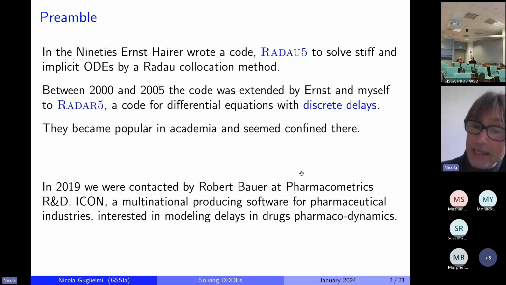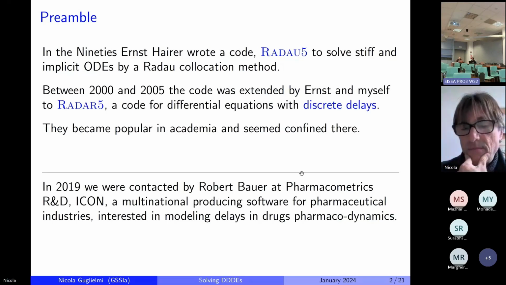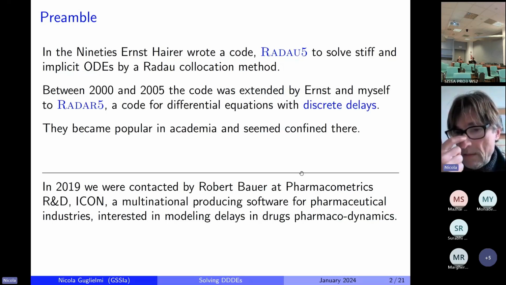And to our surprise, in 2019, we were contacted by ICON, which is a multinational producing software for pharmaceutical industries. They started to use, I would say, intensely delay models in the simulation of drugs, in particular in the simulation of pharmacokinetics and pharmacodynamics.